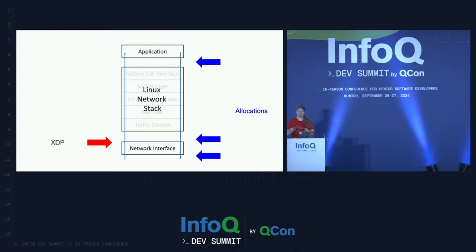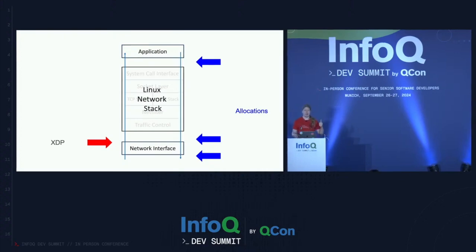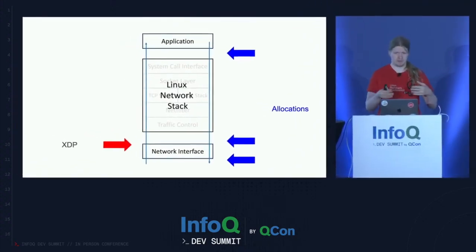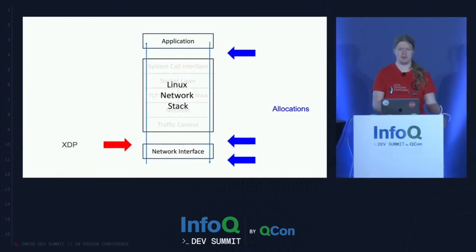It's pretty nice because consider when allocations occur. You have one allocation that happens when your package arrives from your cable into your network interface, and then you have another one when it enters your proper Linux network stack and you attach things like IP addresses and other information as metadata.